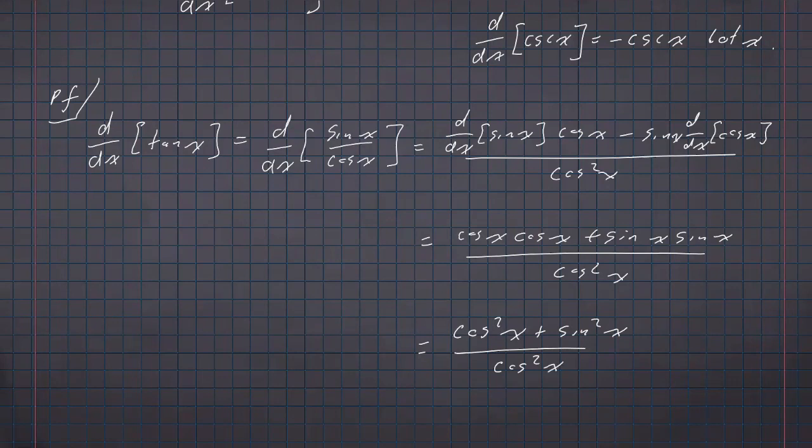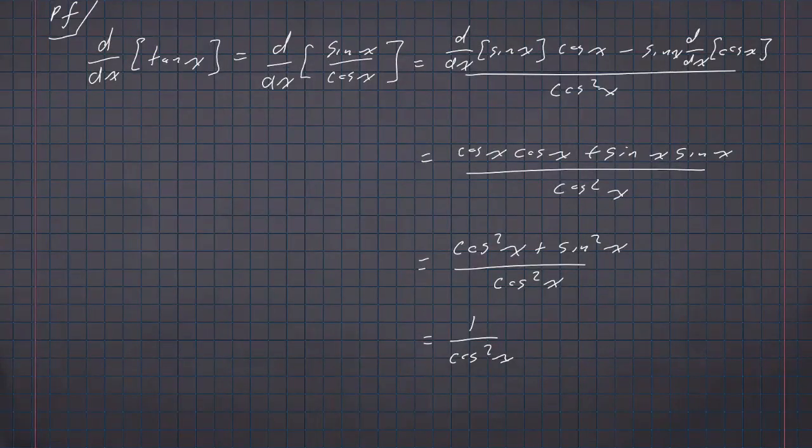But of course, sine squared plus cosine squared is 1. That's the Pythagorean identity. And 1 over cosine is secant. You can prove the other 3 trigonometric derivatives using similar rules.